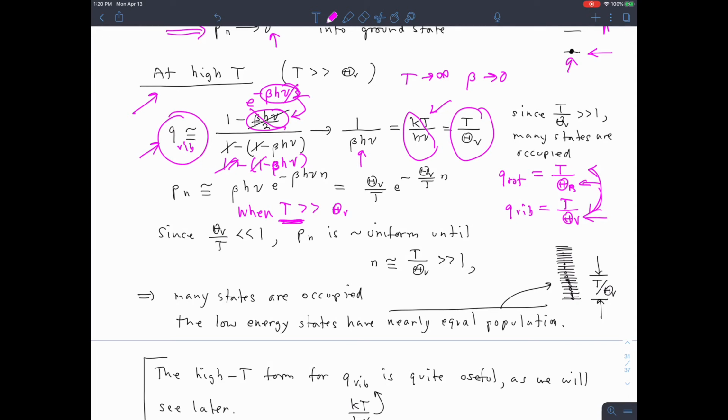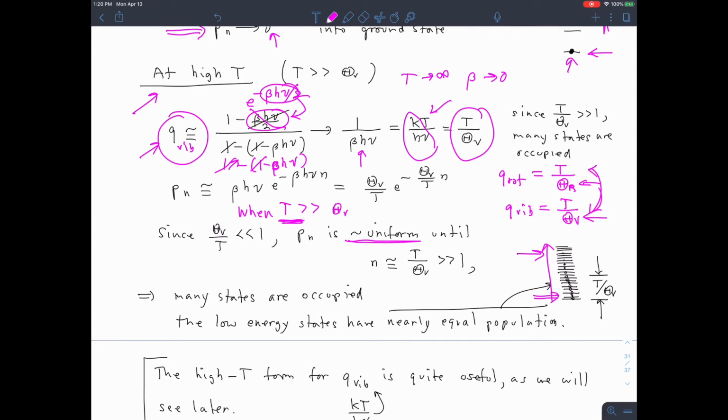Then if you look at the formulas a little bit, you can see that the probability is now fairly uniform, fairly evenly dispersed, until you start reaching a fairly high quantum number. In other words, all the probabilities or populations for the lower energy states are very close to each other.